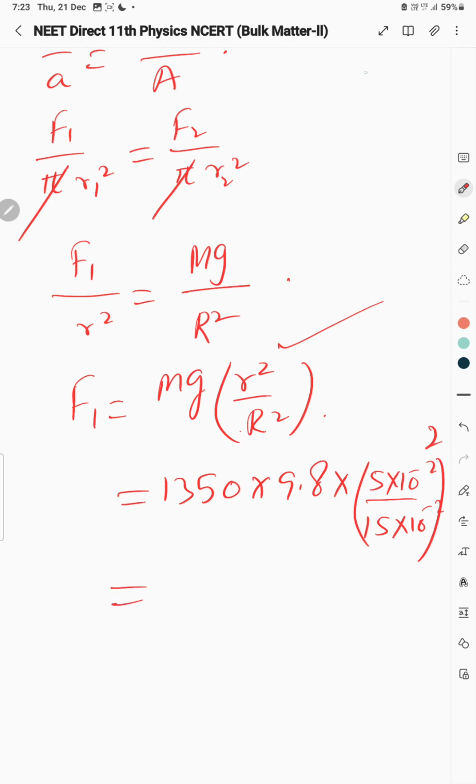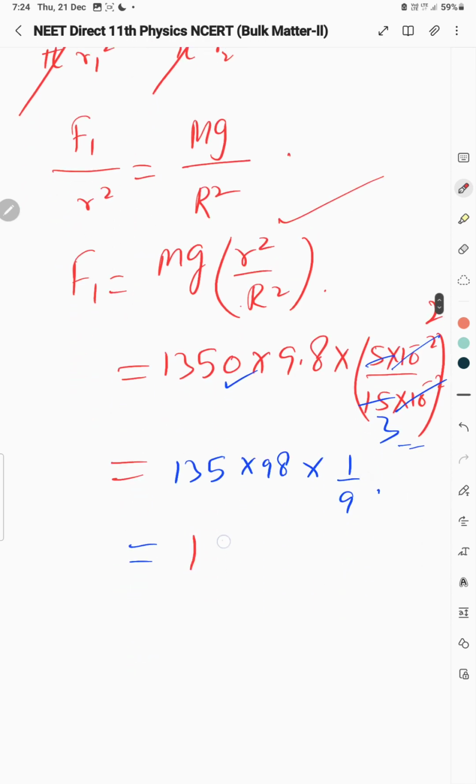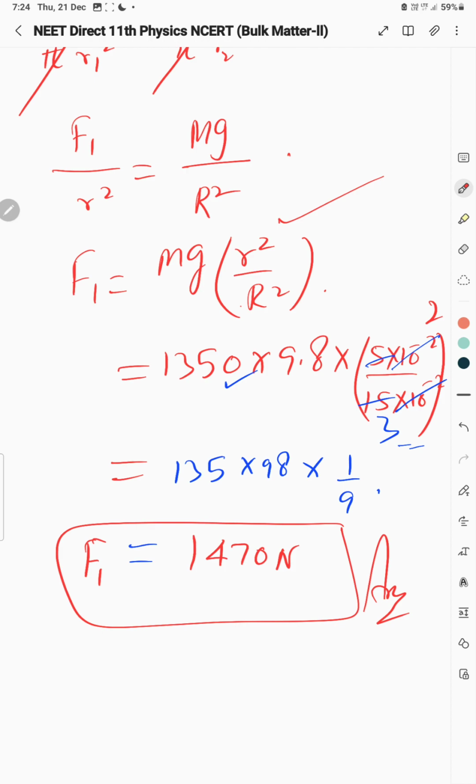Simplify it further; certain things cancel out. 5 threes are 15, so we have 135 into 98, because I've removed the decimal with this 0, and now you have 1 by 9, because 3 squared becomes 9, right? On simplification it becomes 1470 Newton. So the force on the smaller piston is 1470 Newton.